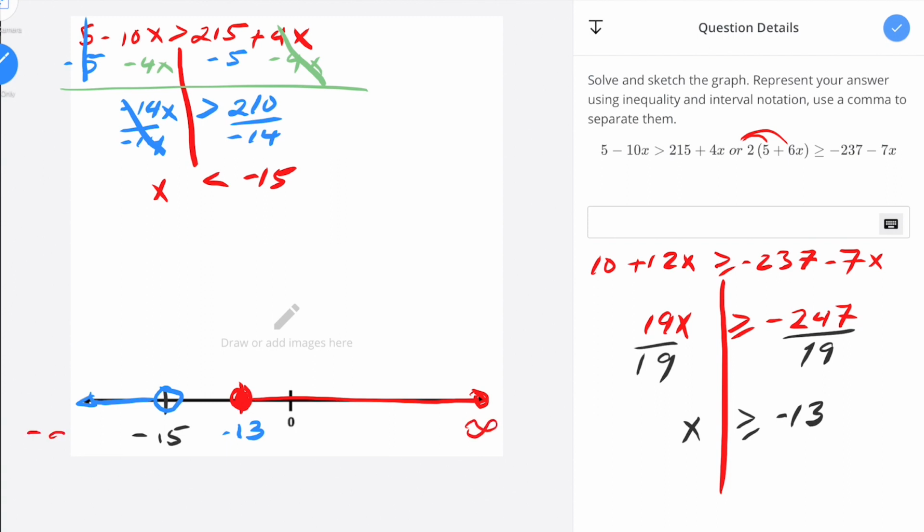Infinity, negative infinity. All right, so closed circle, negative 13 comma infinity. Negative infinity, negative 15, open circle. Okay? Union.